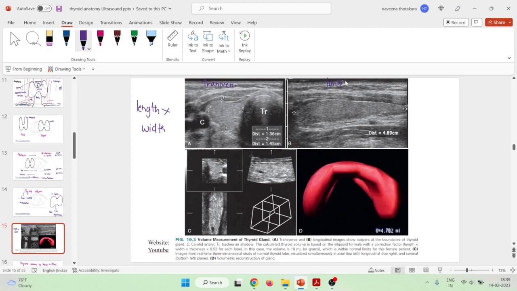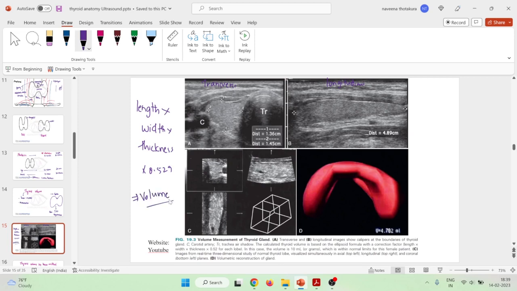And you will take a longitudinal view also. In the longitudinal view, you will calculate the thickness of the thyroid gland. Length, width, and thickness, if you multiply along with 0.529 per lobe, for each lobe you will get the volume of the lobe.